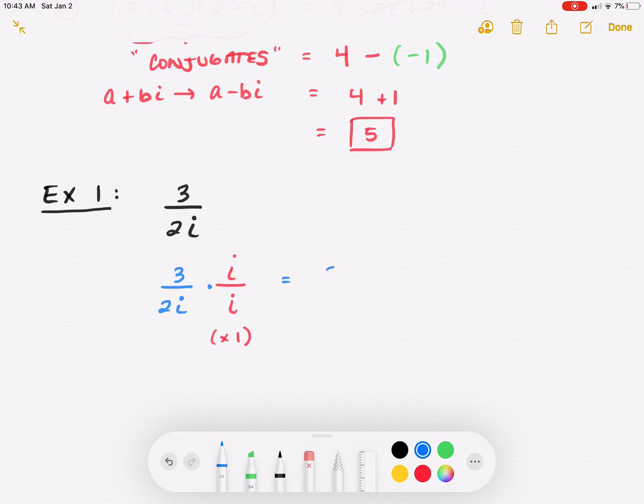So the numerator is going to be 3i, and the denominator is going to be 2i squared. So i squared changes to negative 1, and so the denominator is then negative 2. A lot of times what you'd see is rather than the denominator being negative, we would just say that the fraction is negative, and we could either write it as negative 3i over 2, or you could write it as negative 3/2 i. Those two are the same.